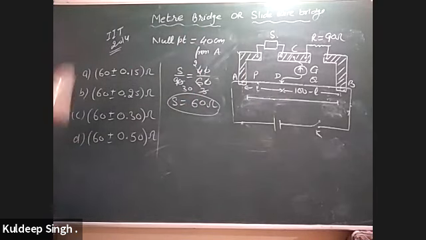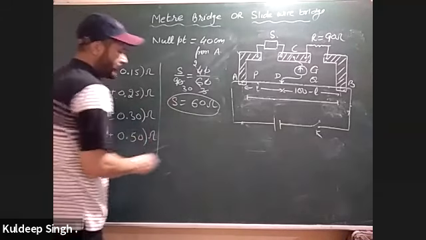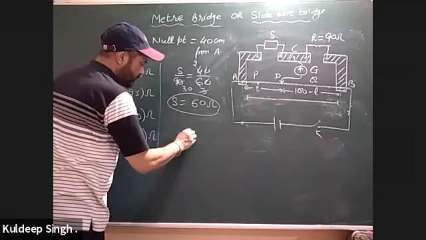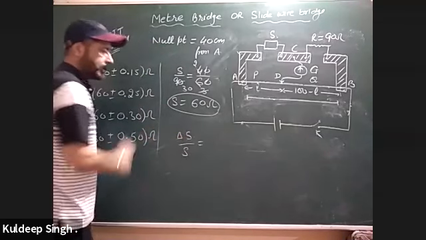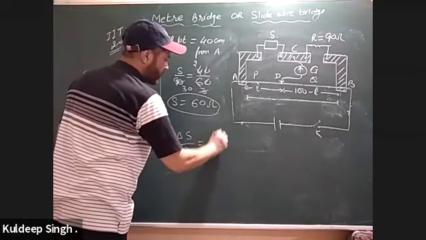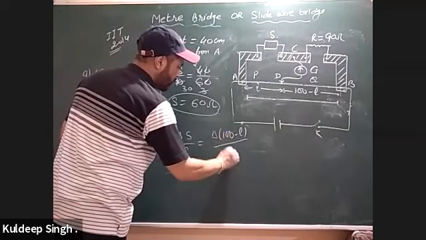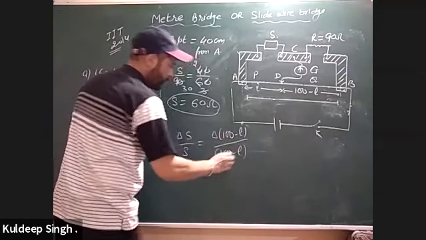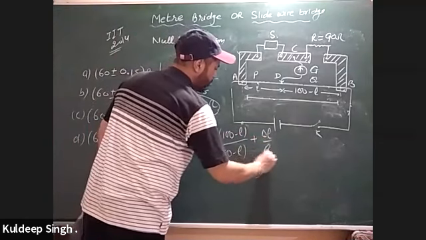Now you are to find the second part, error. Error का आप जानते हैं फॉर्मूला, delta x by x, जहाँ S लिखेंगे, equal to delta l upon 100 minus l plus delta l by l.